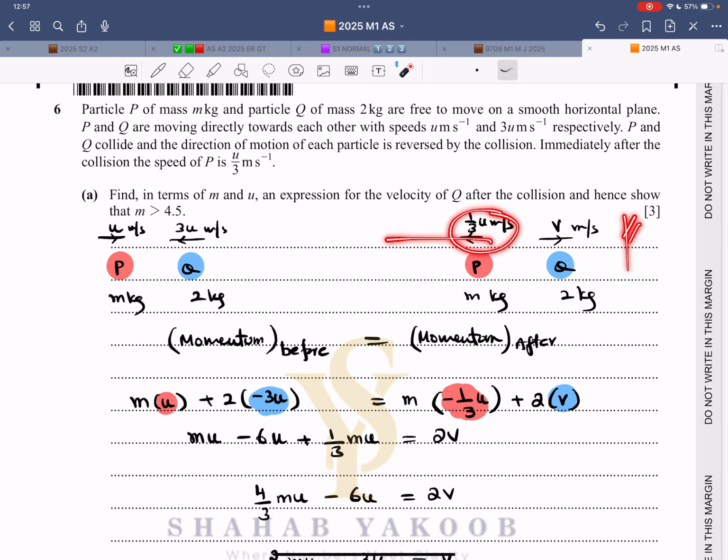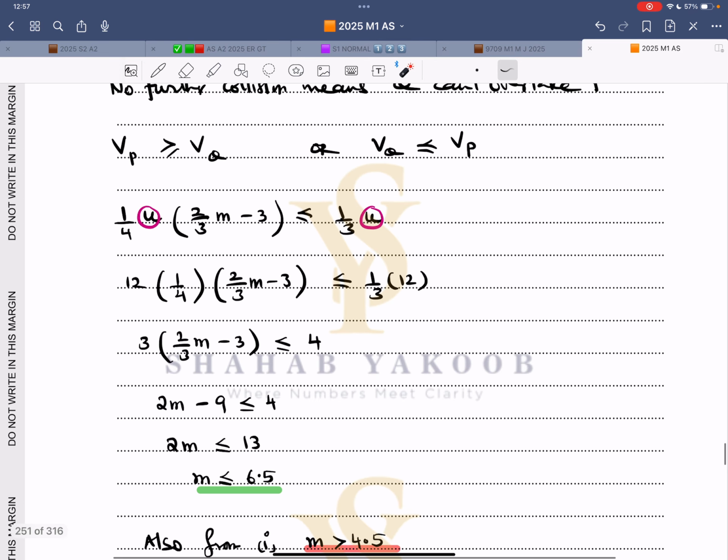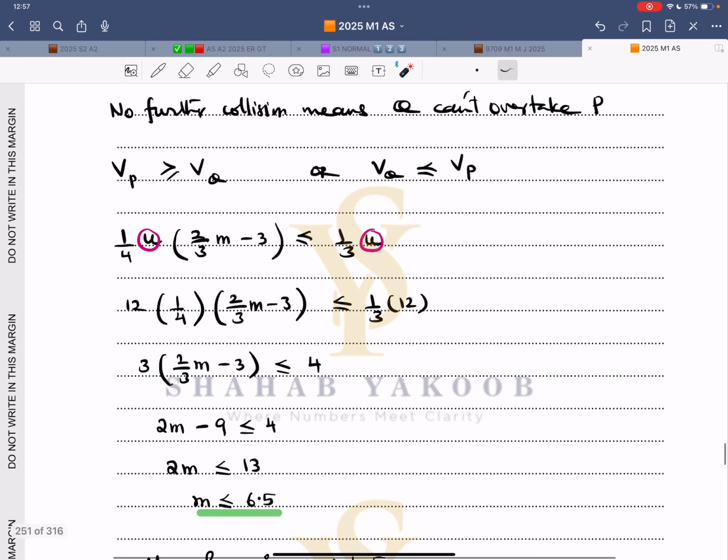It hit a wall and rebounded with 1/4 of the velocity. That means either they would be moving equal to one another, parallel, side by side, the distance between them remaining the same, or this velocity should be lesser. So either Vp is greater than or equal to Vq, or Vq is lesser than or equal to Vp.